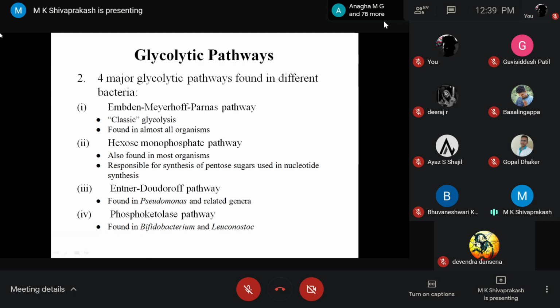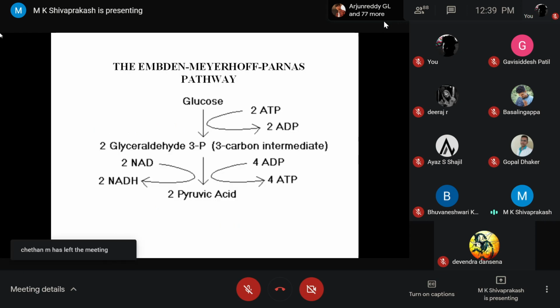It is found in Bifidobacterium bifidum and Leuconostoc mesenteroides and other species of Leuconostoc, two genera of lactic acid bacteria, also referred to as heterofermentative lactic acid bacteria, because they produce a mixture of organic acids.